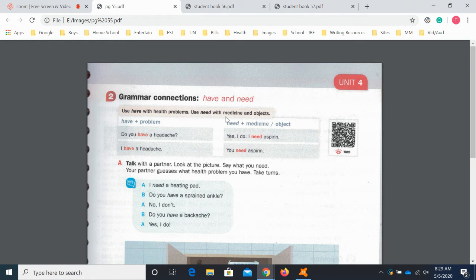And so when you say you have a problem, so it's have plus the problem, the next question is, well, what do you need? I have a headache. What do you need? So then you say what you need.